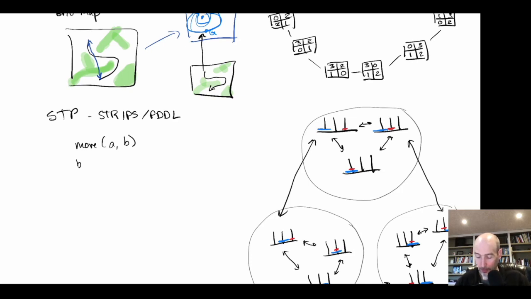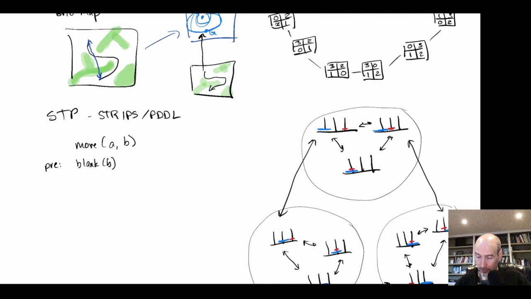So A and B are variables. We could say, for instance, if I want to do that, these would be preconditions: it has to be a precondition that B is blank. So I can only move between A and B if B is blank. And if I assume there's only one blank, then I don't have to check that A is blank, because I just know that it will be. And then I might say that A is not equal to B.